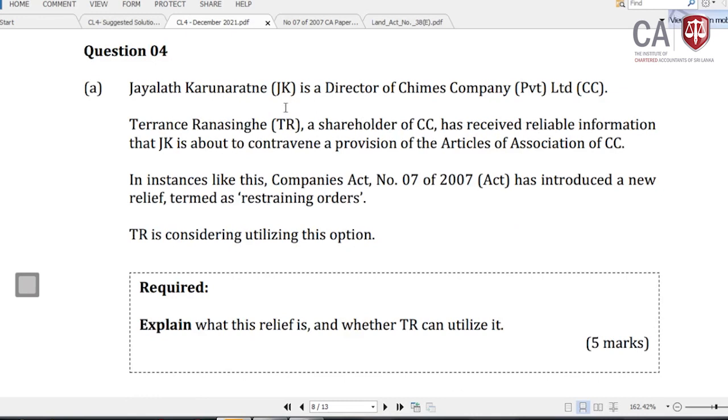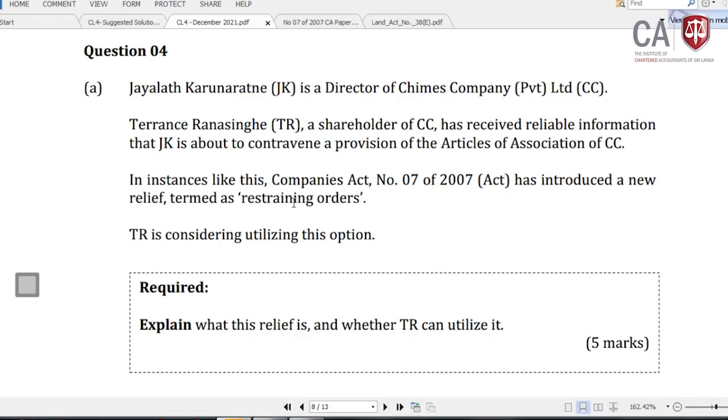Jayalath Karunaratna, JK, is a director of Chimes Company Private Limited, hereafter known as CC, Chimes Company. Terence Ranasinghe, TR, a shareholder of CC, has received reliable information that JK is about to contravene a provision of the Articles of Association of CC.